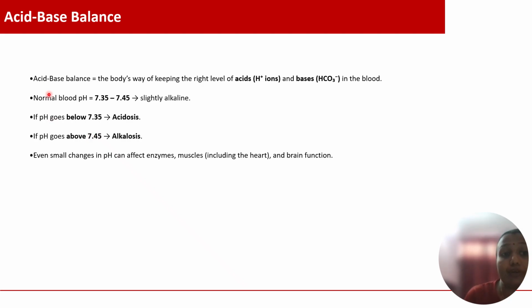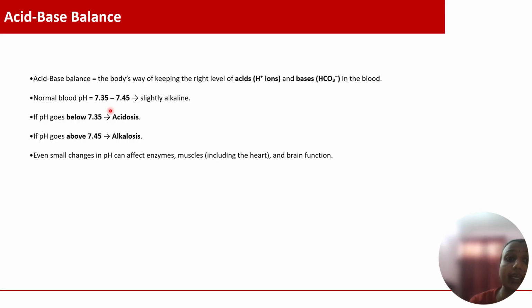The normal pH of our body is 7.35 to 7.45, so our blood is slightly alkaline. We have to learn by heart the values of pH and bicarbonate, other than that oxygen saturation values and all. This is a very important topic.